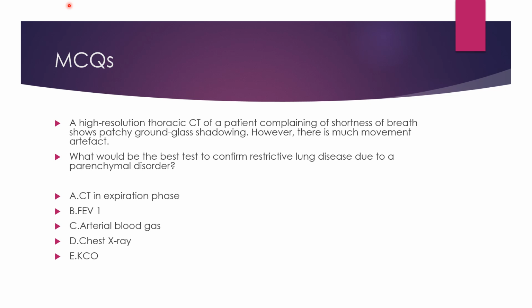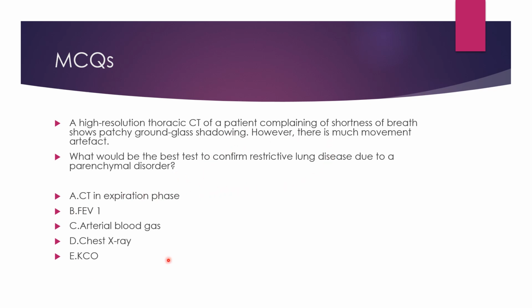So if the patient is having a lung parenchymal problem, that will show up in CT scan. But here they have given that there is movement artifact. So they want you to tell about the next best test to confirm the restrictive lung disease, because we all know that thoracic CT, high resolution HRCT, is the best test to diagnose restrictive lung disease related to lung parenchyma. But they're asking the next one because they have a problem with the CT.